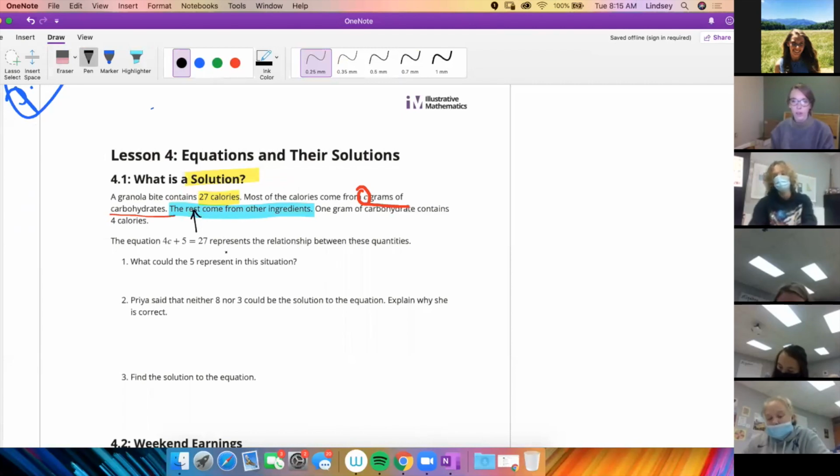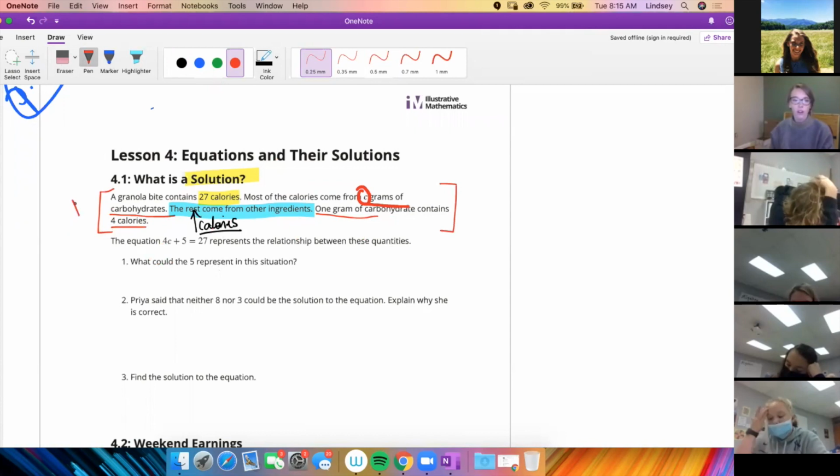The rest of what? It says most of the calories come from carbs. The rest come from other ingredients. The rest of what? The rest of the calories? The calories. Good. And then finally it says 1 gram of carbs contains 4 calories.